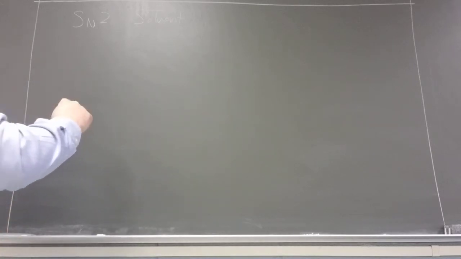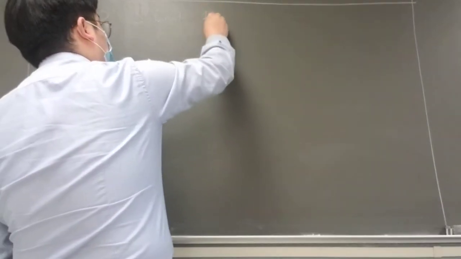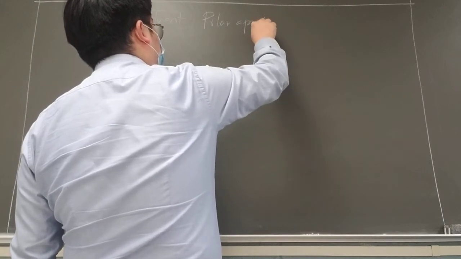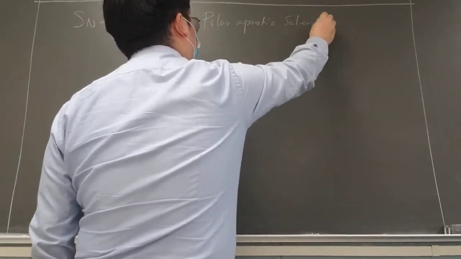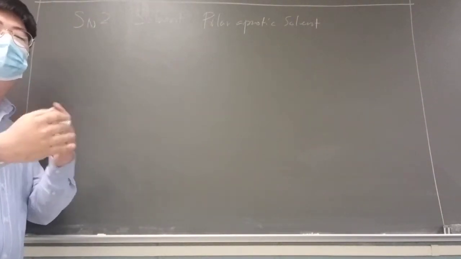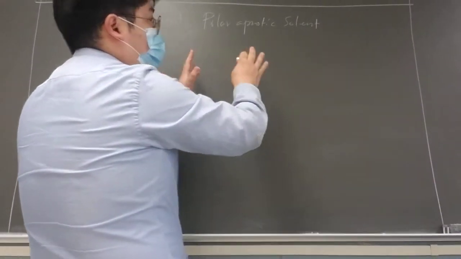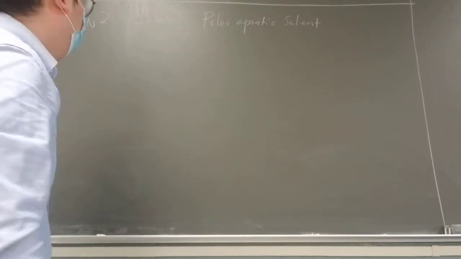The last part of the chapter, the SN2 part, is about how they need to use polar aprotic solvent. Actually, SN1 and SN2 both use polar solvents, but aprotic means one that doesn't make a very strong dipole interaction, like a hydrogen bond.